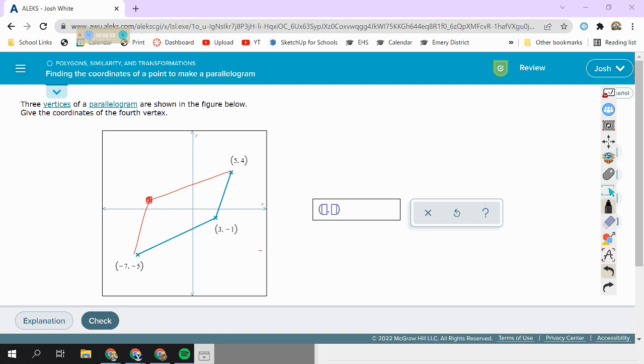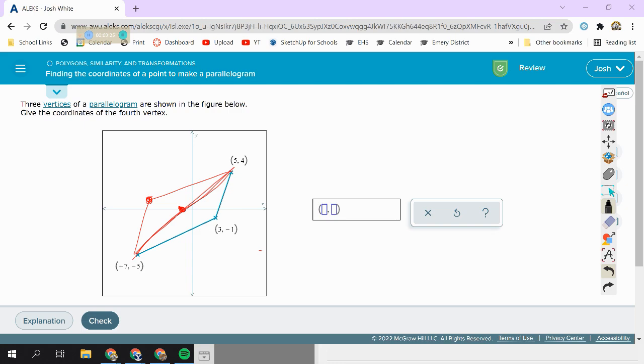Yeah, similar to what we just did, right? So I'm going to draw this line to kind of help us. Where would the center of that be? How would we find the center of that, of the diagonal?